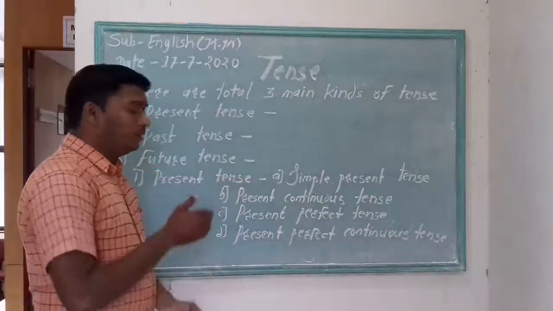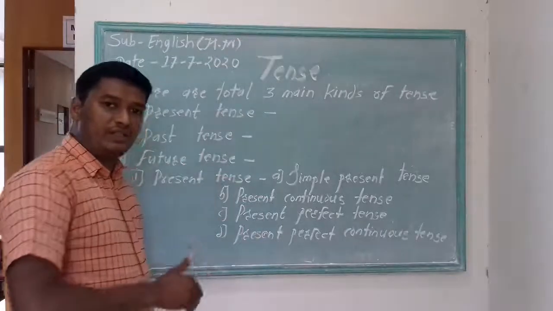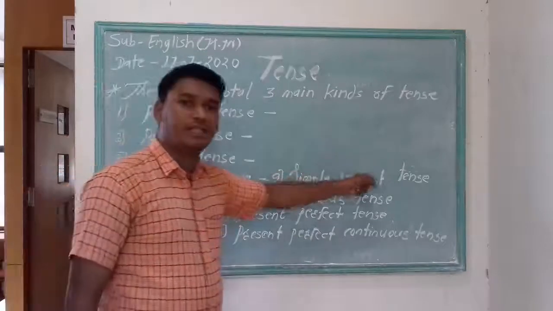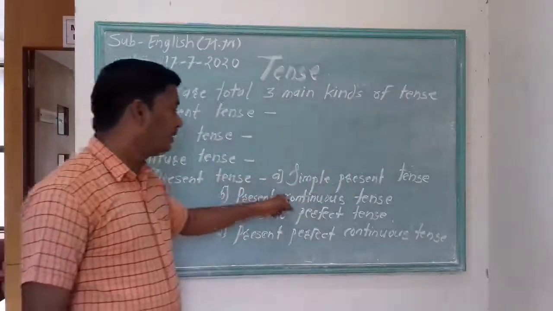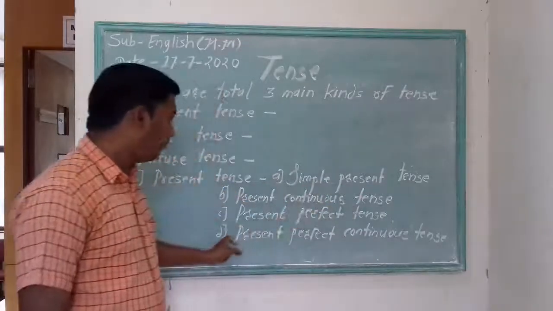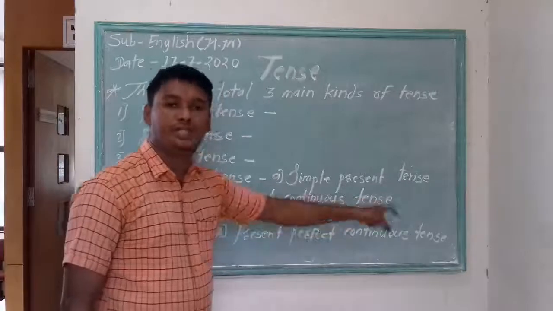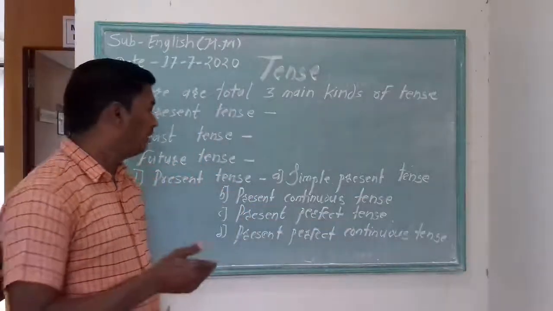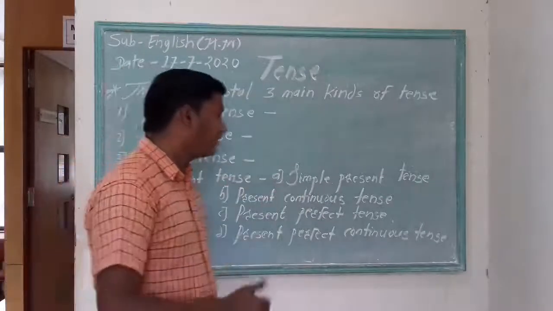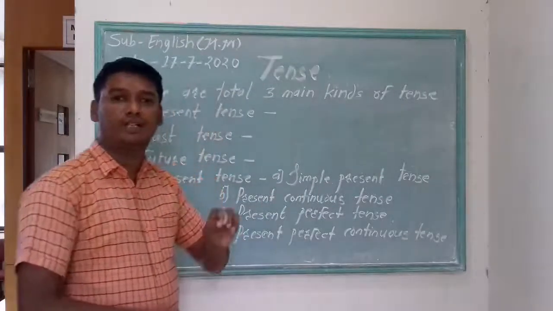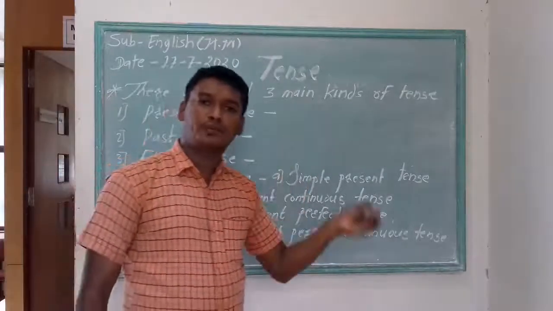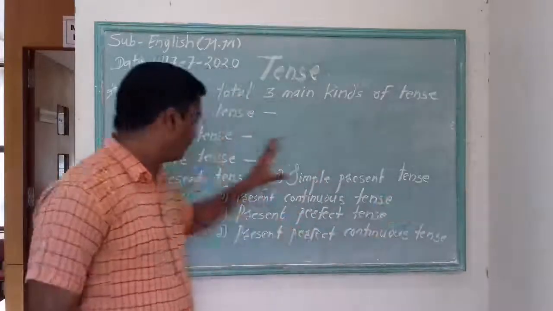Now, the four subkinds of past tense are also the same. Past tense: simple past tense, past continuous tense, past perfect tense, and past perfect continuous tense. Like past tense, the subkinds of future tense are also the same.